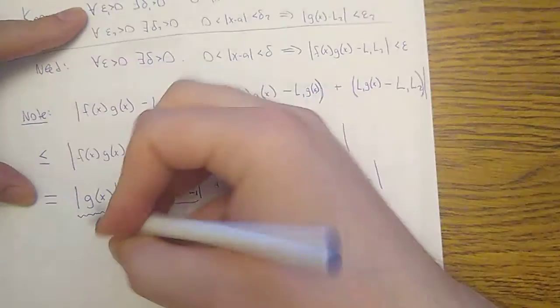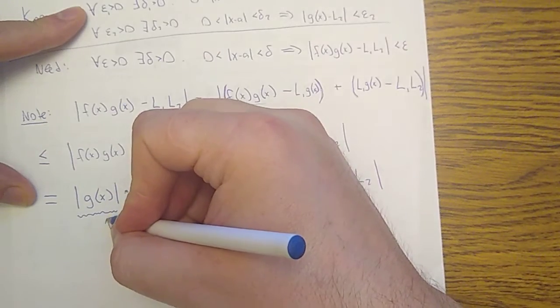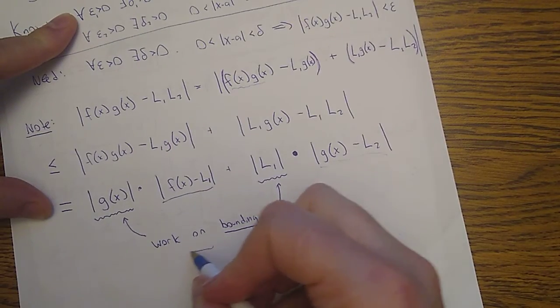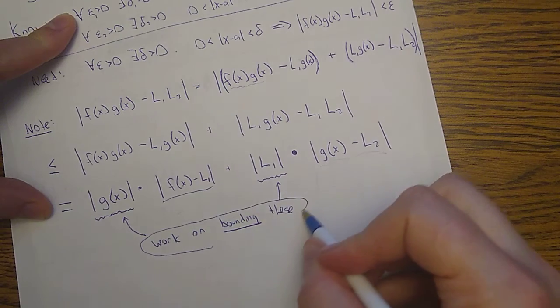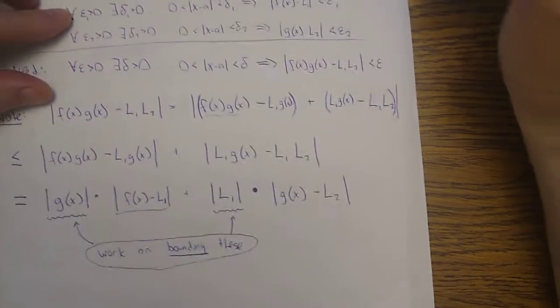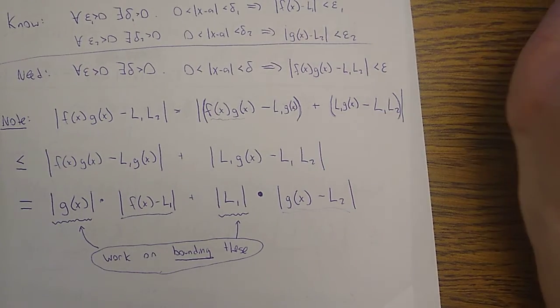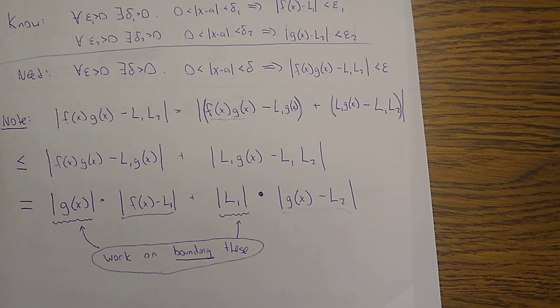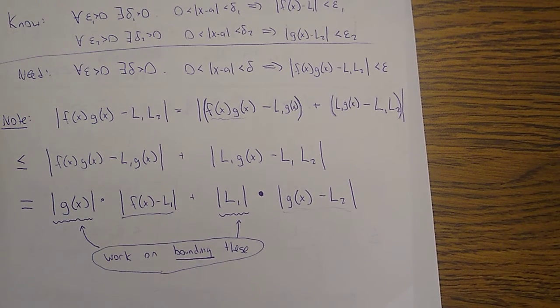I'm going to work on bounding these. And when I use the word bounding, I just mean, I would like to say that these numbers, for example, aren't too big, that they are no bigger than something that I come up with, so some bound on how big they can possibly be.